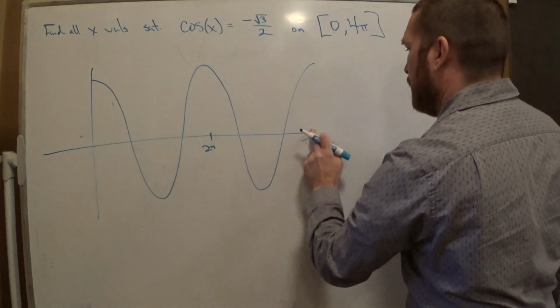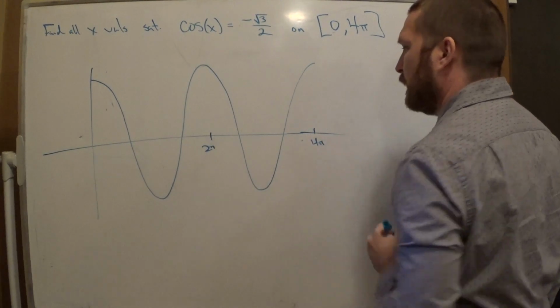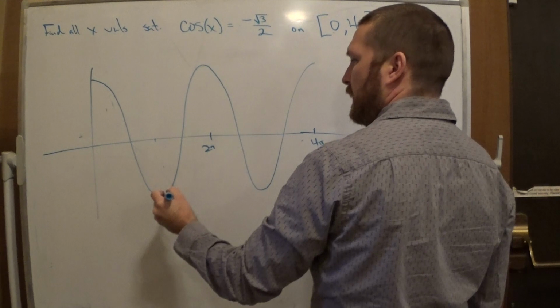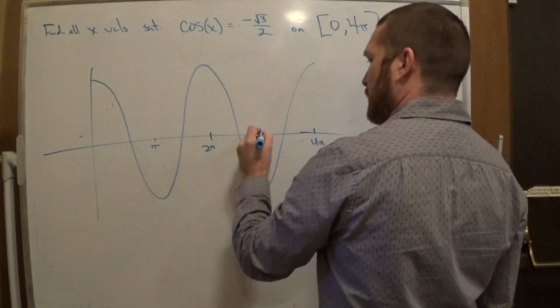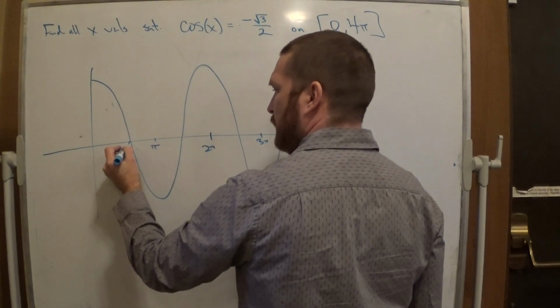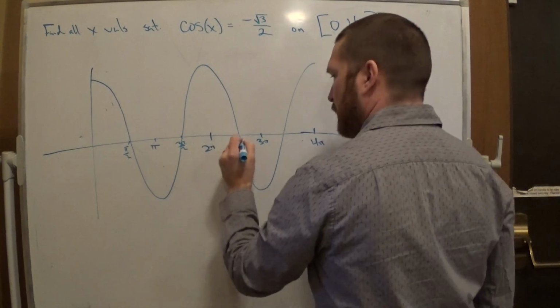Here's my other full period there at 4 pi. Making this value pi, and this value 3 pi, and this is pi over 2, 3 pi over 2, and so on.